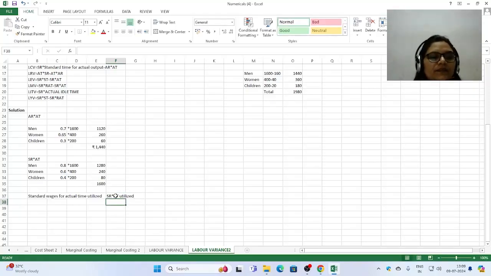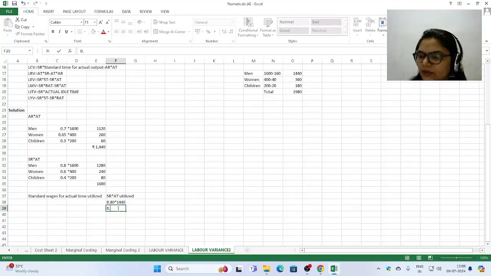Standard rate 0.80 into 1440, 0.60 into 360, then 0.40 into 180.